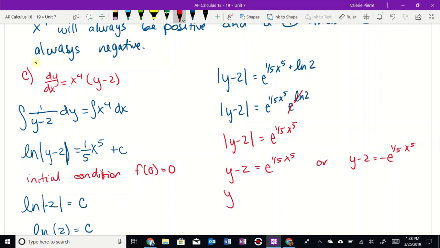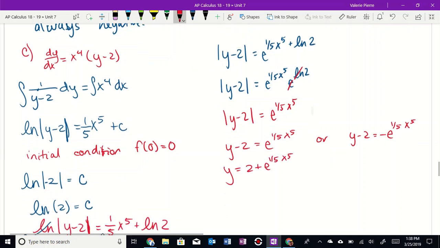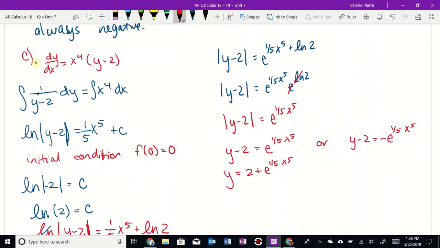And if we solve here, okay, y equals 2 plus e to the 1/5 x to the fifth. And if we check our initial condition, 0 does not equal 4. I actually left out a number.